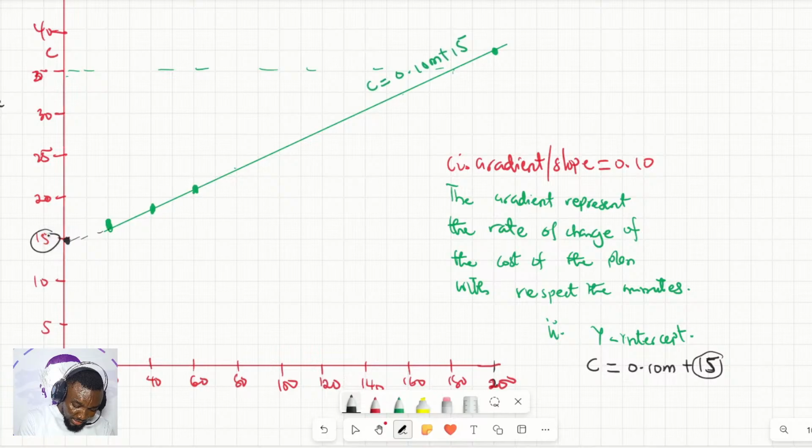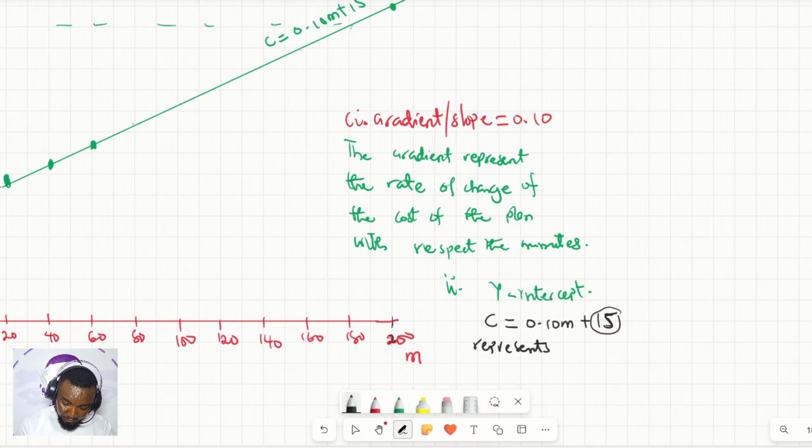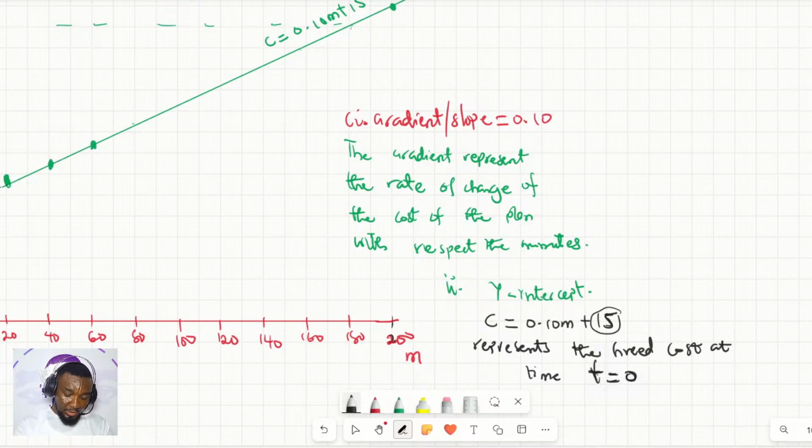So the 15 represents the y-intercept. And in terms of the interpretation, we say that it represents the fixed cost at time t is equal to 0.